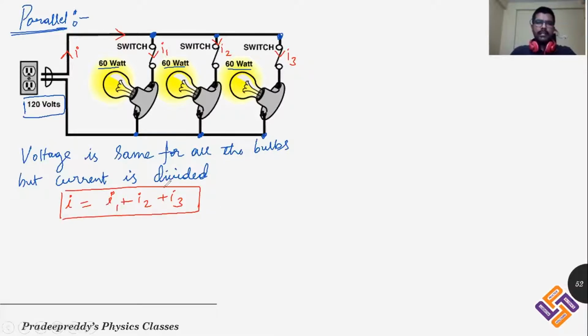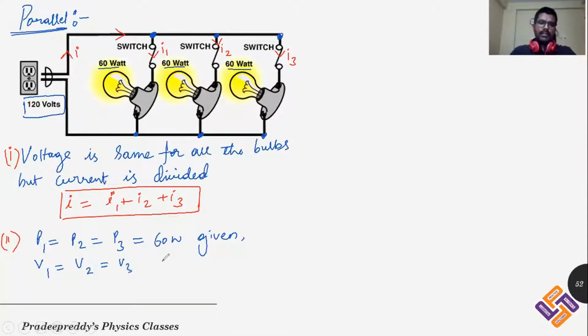Clearly, the voltage supplied for all the bulbs is the same, and the power consumed for all the bulbs is the same. P1 is equal to P2 is equal to P3, which is equal to 60 watt, given. And the voltage across the first one, the second one, the third one is 120 volt.